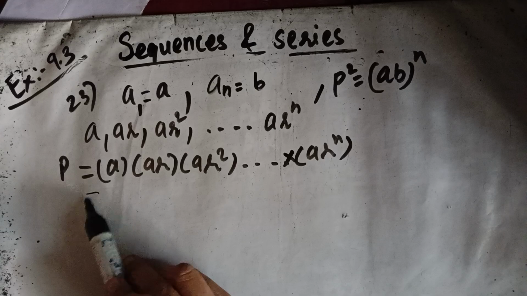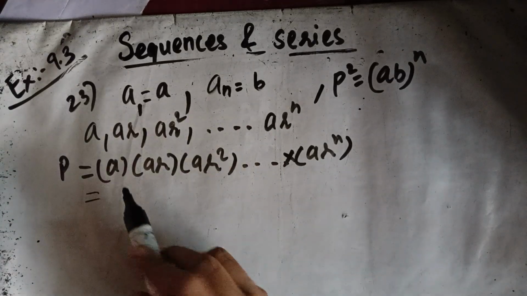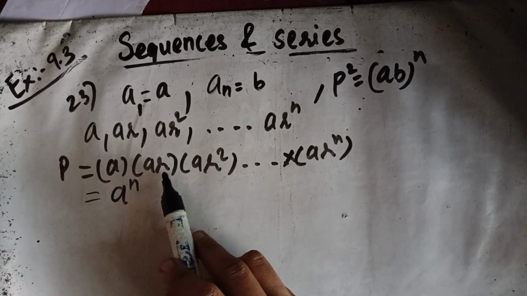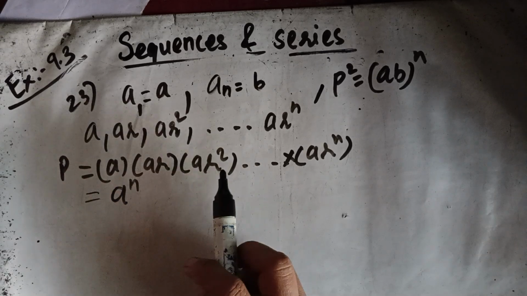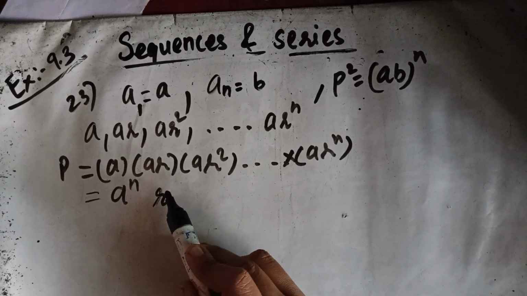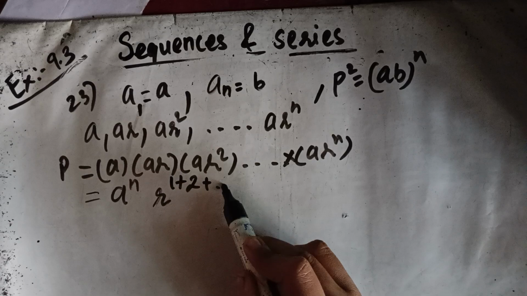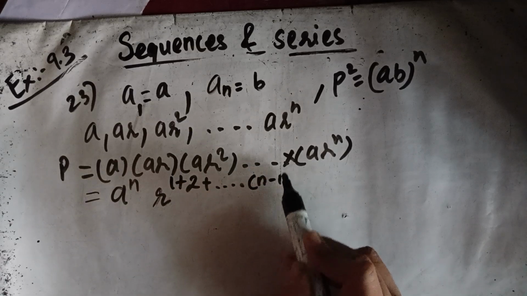So this is a into a, that is a raised to n, into r into r square into this. This will be r raised to 1 plus 2 plus till n minus 1.